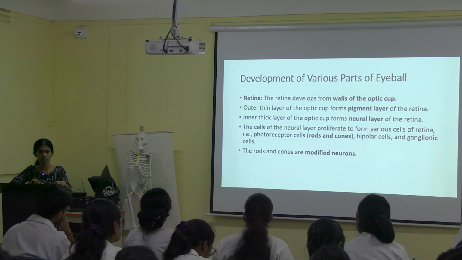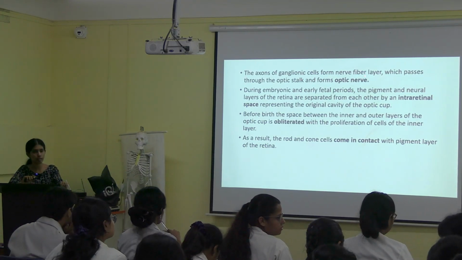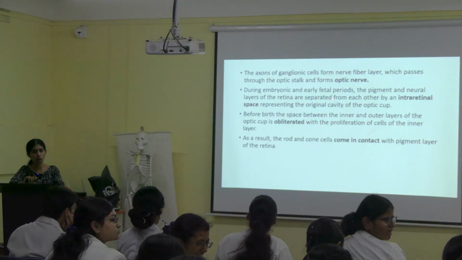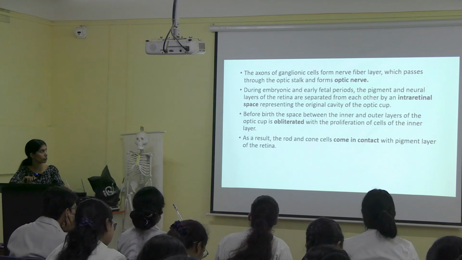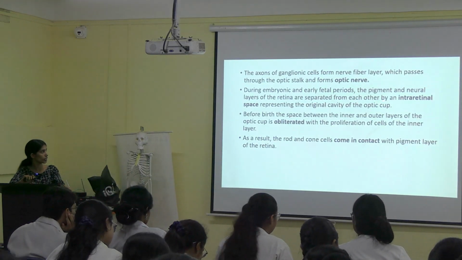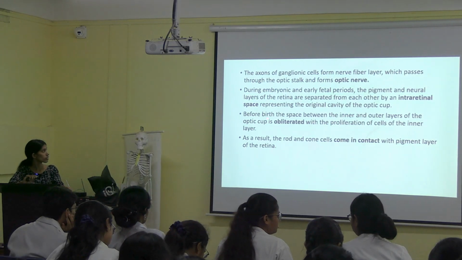Okay, any other answer? The axons of ganglionic cells form the nerve fiber layer, which passes through the optic stalk and forms the optic nerve. During embryonic and early fetal periods, the pigment and neural layers of the retina are separated from each other by a space called the intraretinal space.